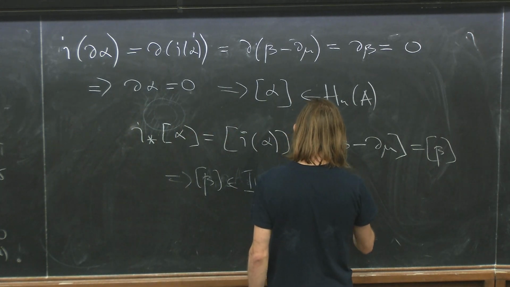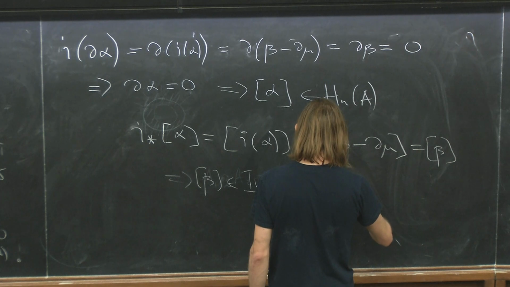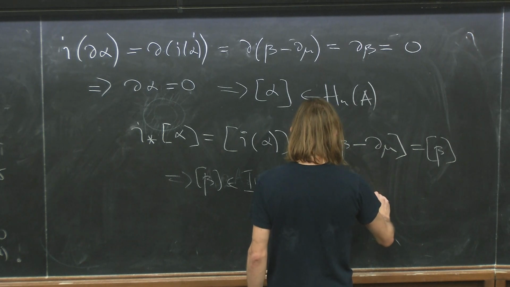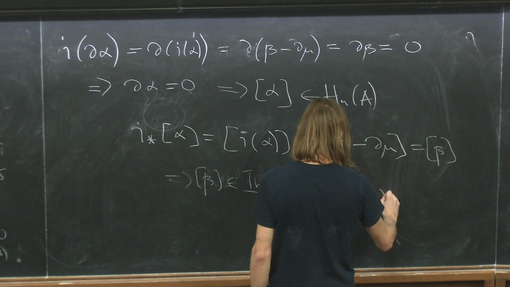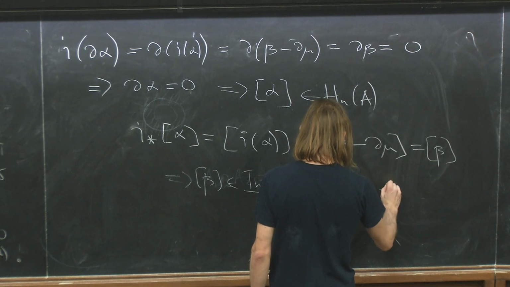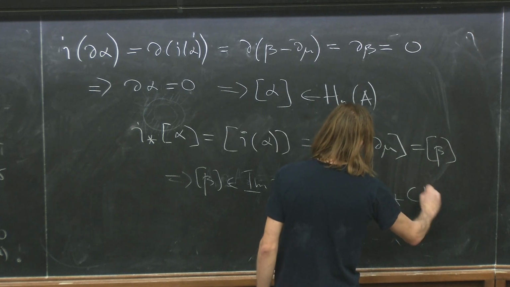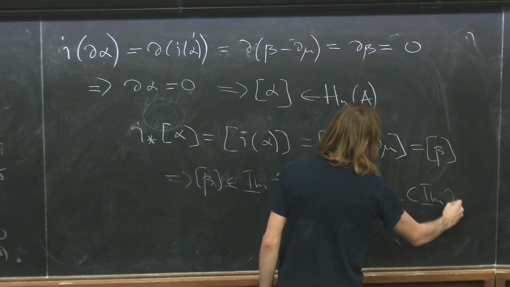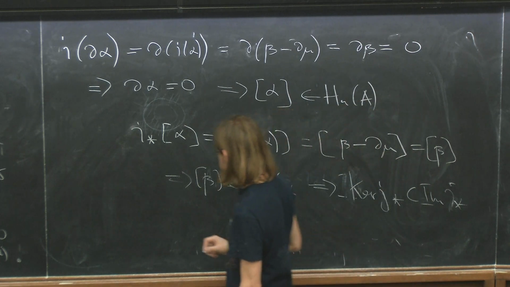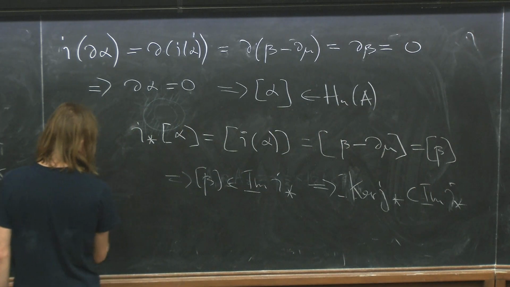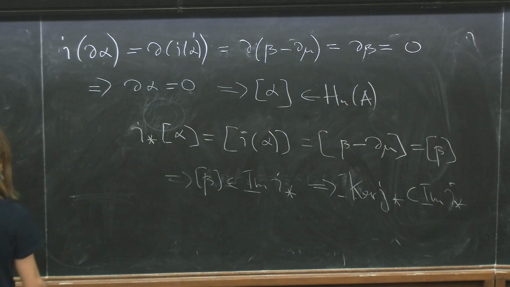So this implies that indeed the kernel of J star is included in the image of I star. So we checked inclusion in both ways.